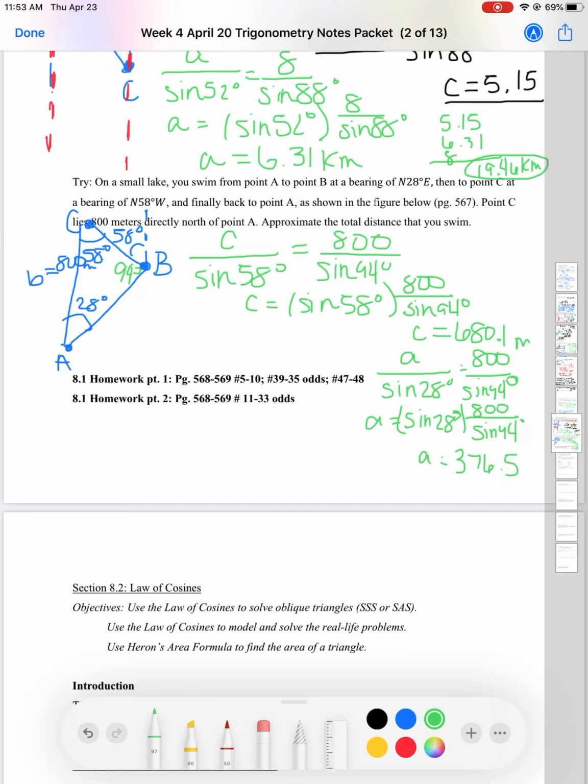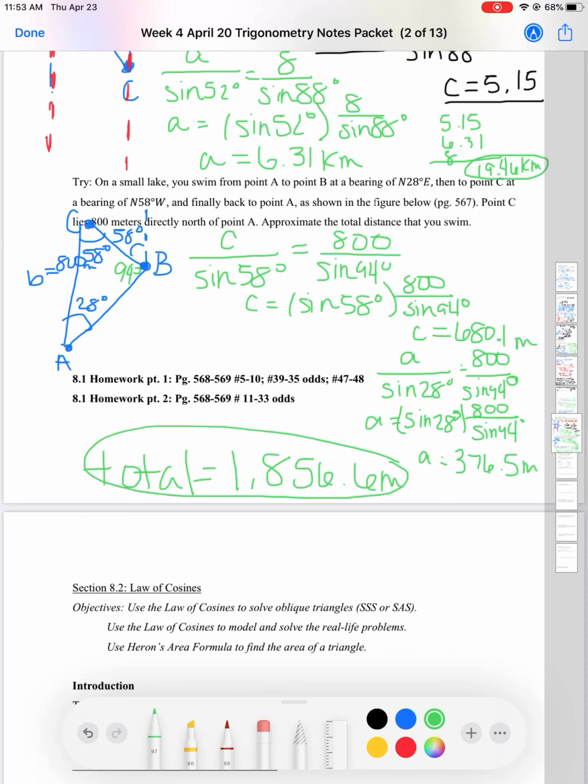So A is 376.5 meters. Adding up B, A, and C, you get the total, which is 1,856.6 meters.